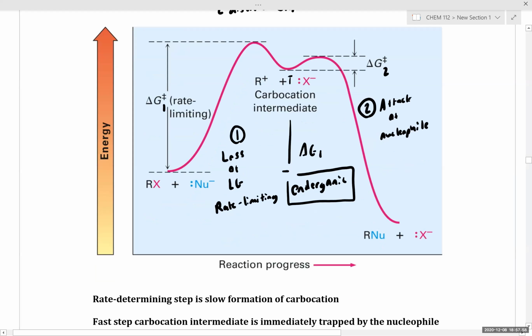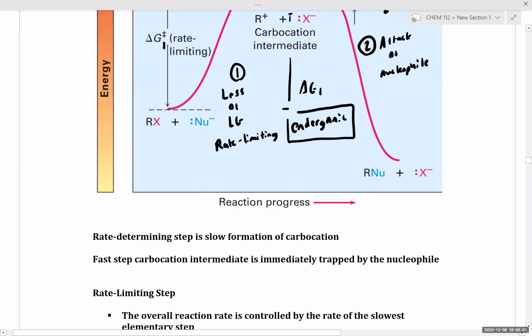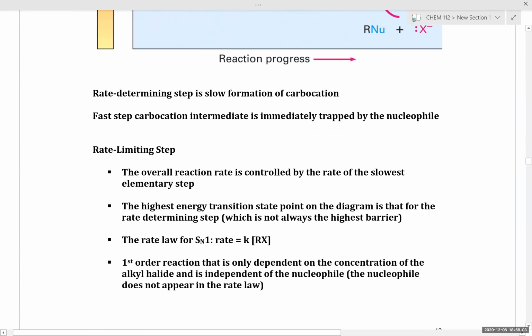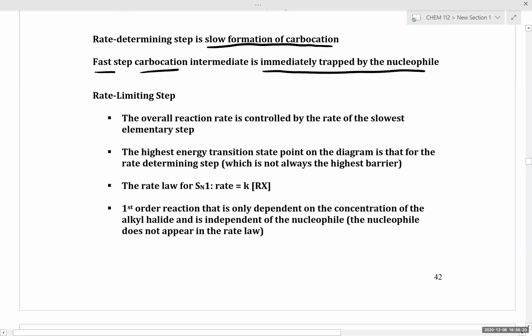Okay, so with that established, let's talk about this reaction in more detail. The rate determining step is slow formation of the carbocation. The fast step is our carbocation being immediately trapped by the nucleophile. Now, the rate law for an SN1 reaction solely depends on substrate.